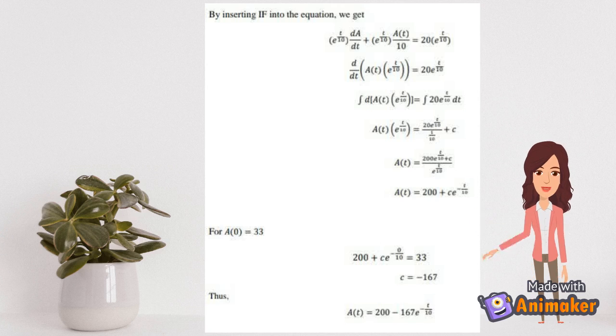To find C, we let t equal 0, where initially the amount of Milo is 33 grams, and then we find C equals negative 167. Thus, we get the general solution.